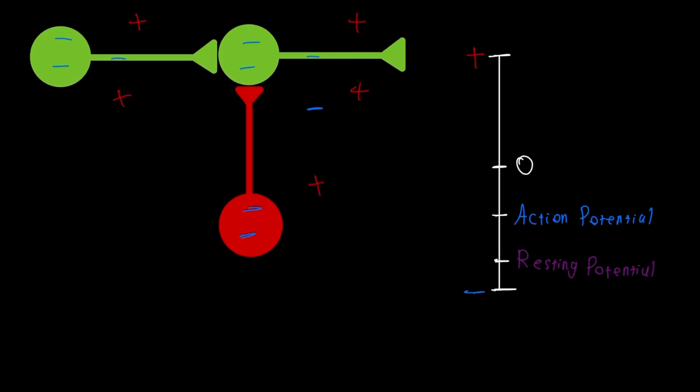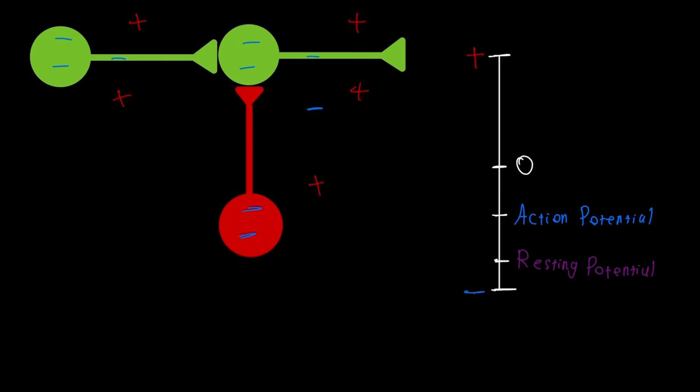Now here's where we try and put it all together. Normally in the resting potential, there are a lot of negative ions inside the neurons, and a lot of positive ions outside the neurons. So that's what's called resting potential.